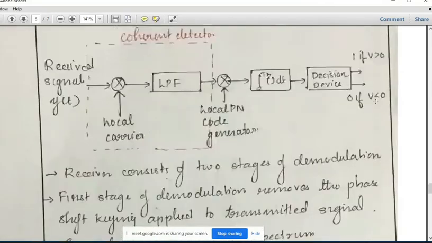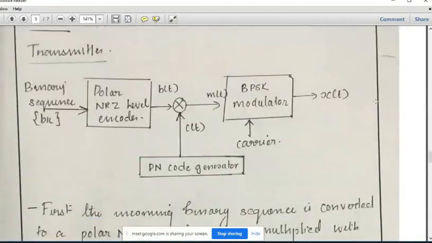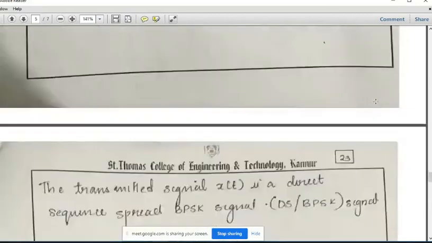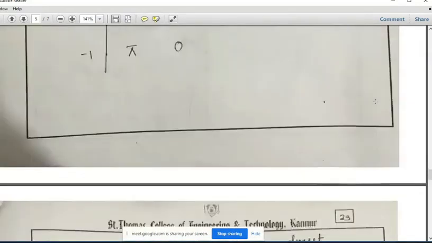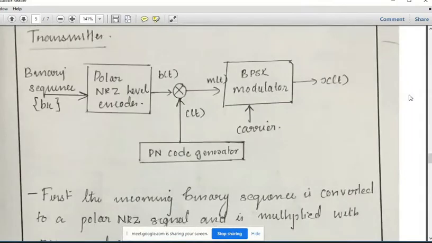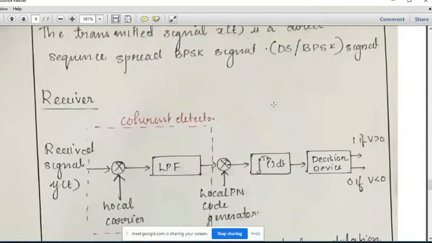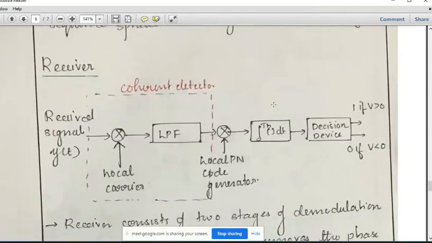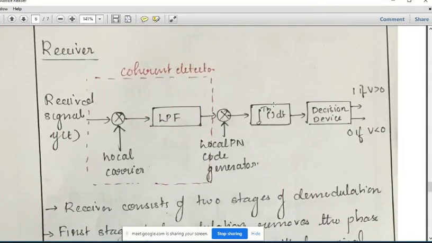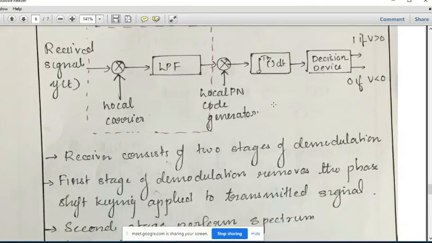Now this is the direct sequence spread spectrum system with coherent BPSK, transmitter side and receiver side. The only difference is that here we have a second BPSK modulator in the second stage, and in the receiver we have coherent detection, or demodulation, of the BPSK signal in the first stage and despreading in the second stage.